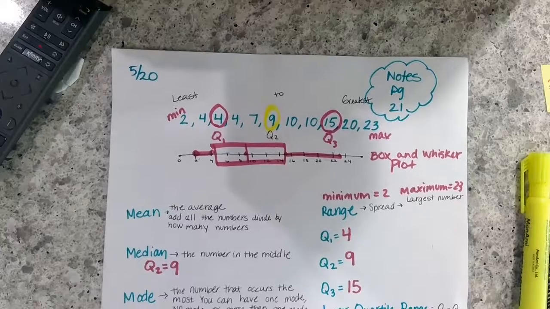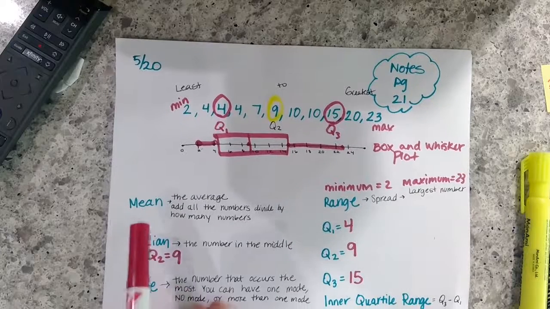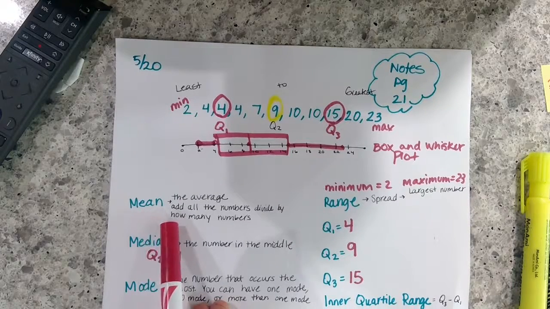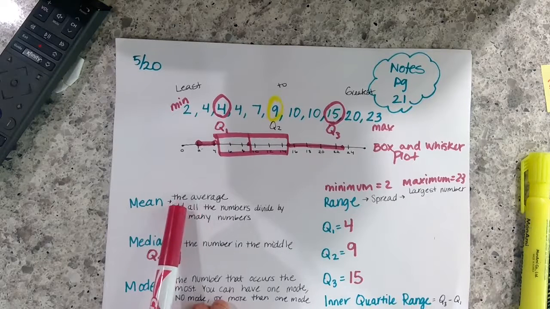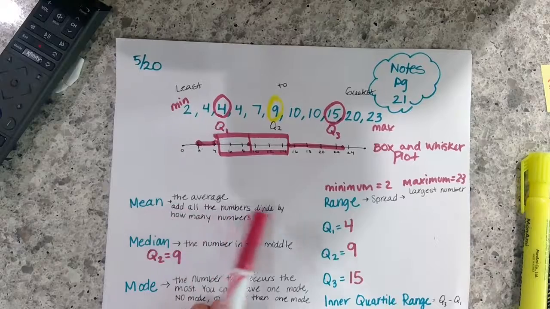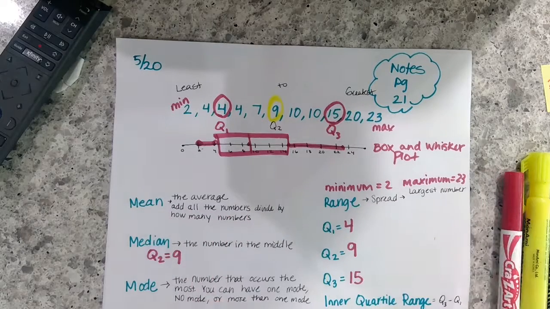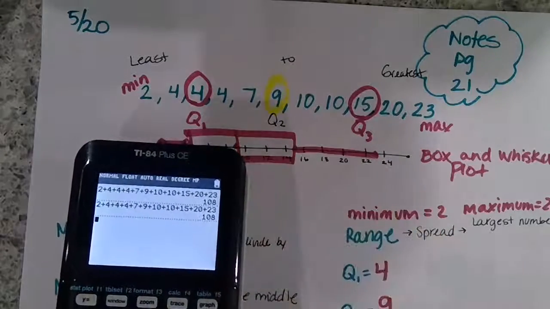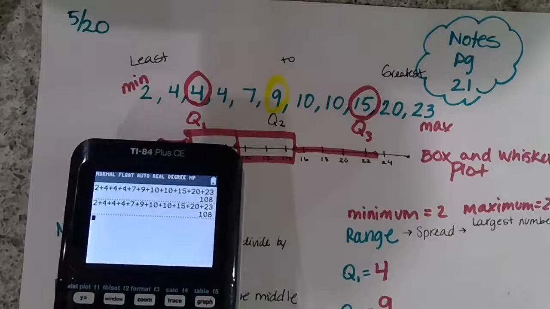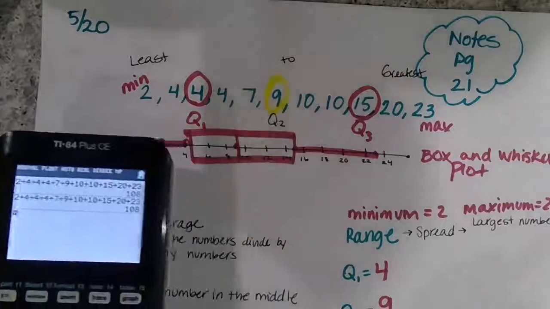Other information we can take. We know that the mean is the average of all the numbers. So to find the mean, it's also referred to as average, you take all the numbers and divide by how many. So I'm going to take a minute, plug this into my calculator. So I grabbed my calculator, plugged it all in, and I entered it twice just to make sure that I did not make a mistake because I don't want to redo that. So I did get 108.